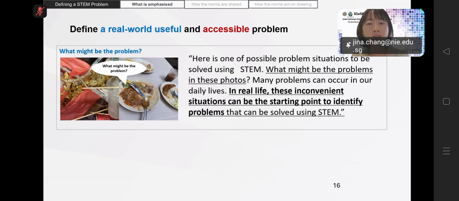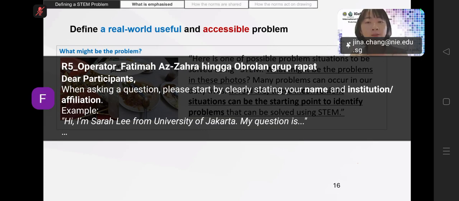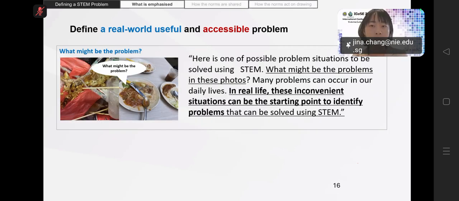In the early stage of the lesson, the instructor guided students to define their STEM problem from real-world inconvenient situations, as I introduced before. The instructor showed the inconvenient situation, as shown in the picture, which can be the starting point to identify a STEM problem. And based on this explanation, students identified problems.